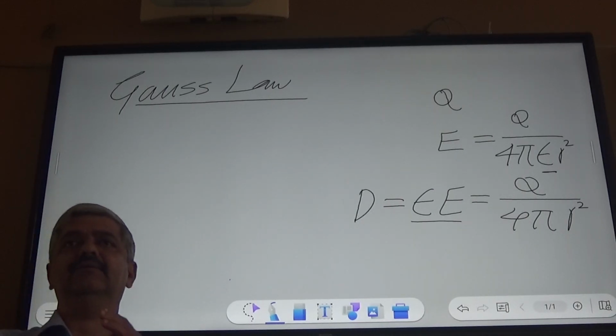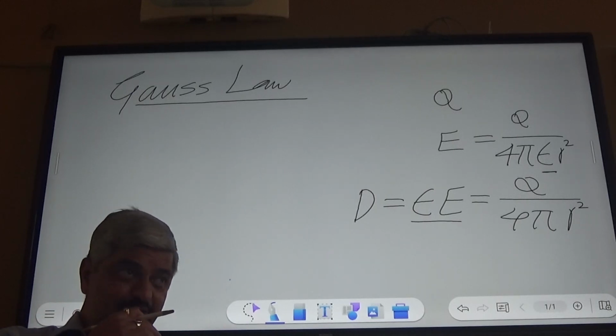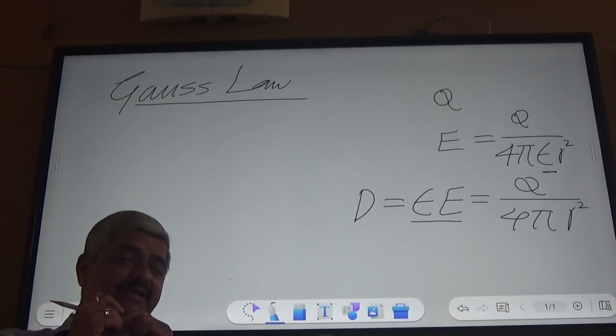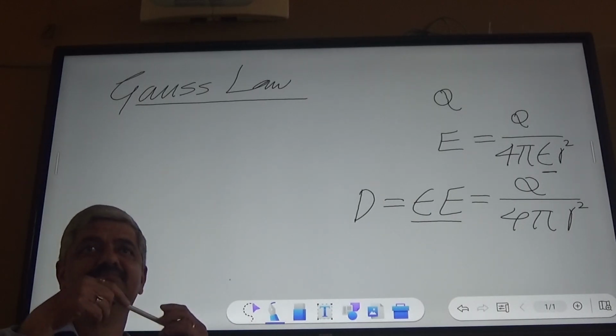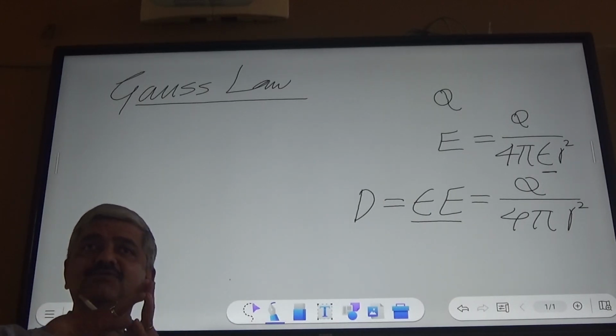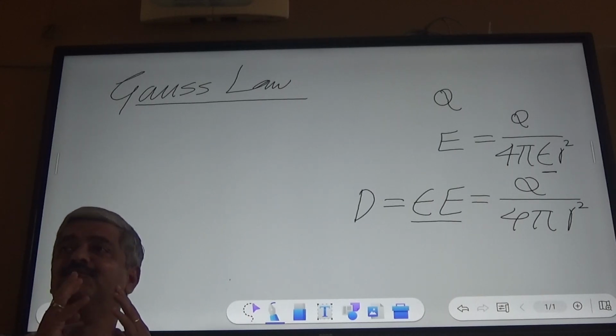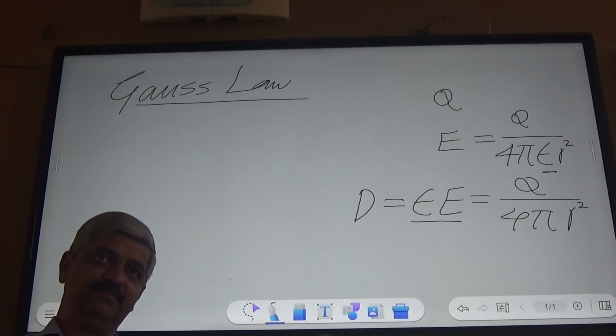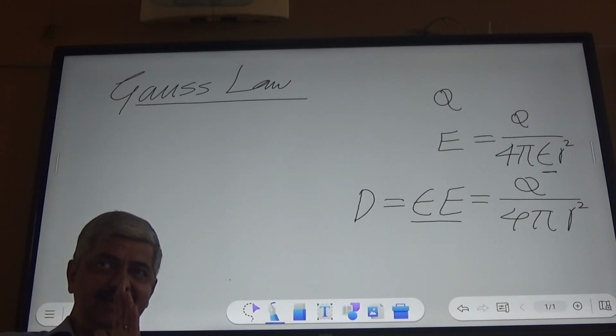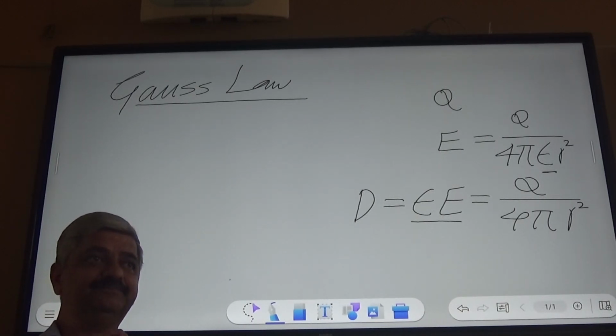Now here we need to think over it. What do we mean by electric flux over a closed surface? Electric flux is a vector quantity.